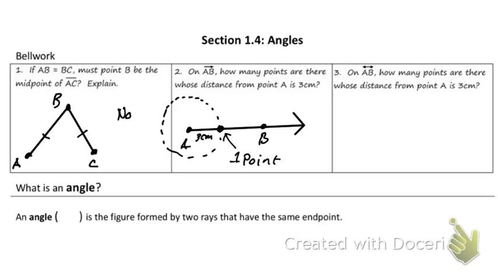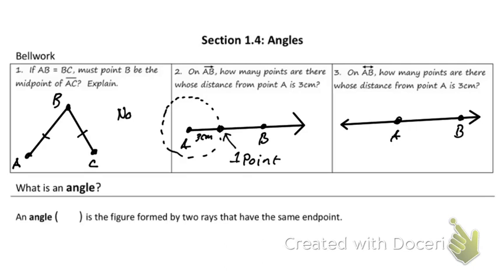All right, 3. Now we have a line. I'm going to draw it first, and then I'll ask the question. I'm going to put A in a very specific place to help me. How many points are exactly 3 centimeters away from A on this line, Sophia? There's exactly 2. Once again, this is my measurement of 3 centimeters. If I stick the ruler on A, right here is a point that's 3 centimeters away.